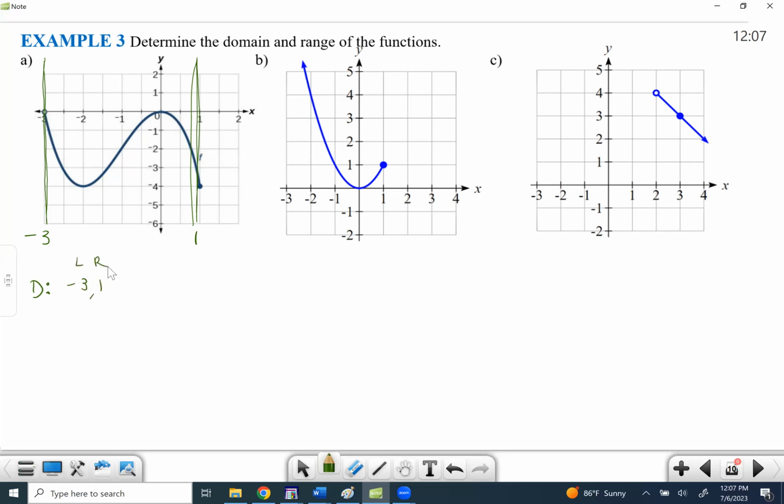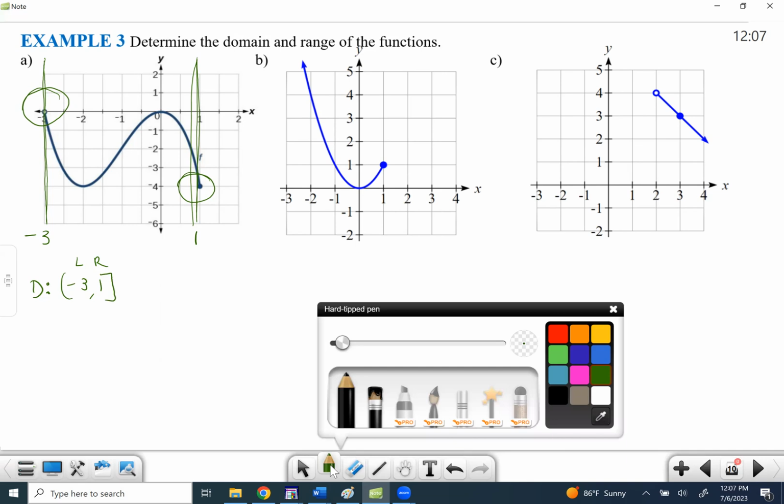I'll put an L and an R. Now, we said open circles, which hopefully you can see this is an open circle. Those get parentheses, and closed circles get square brackets.